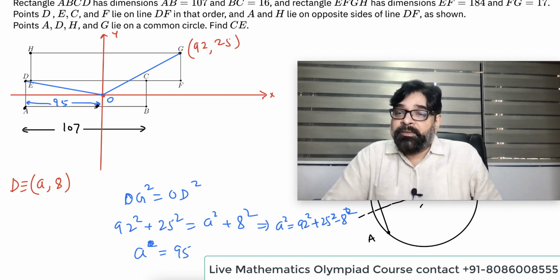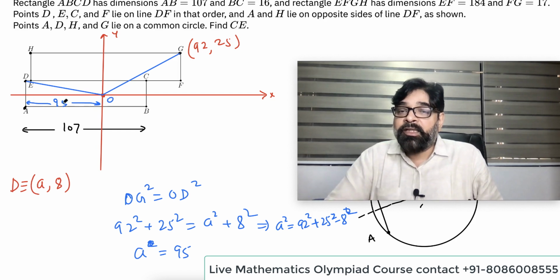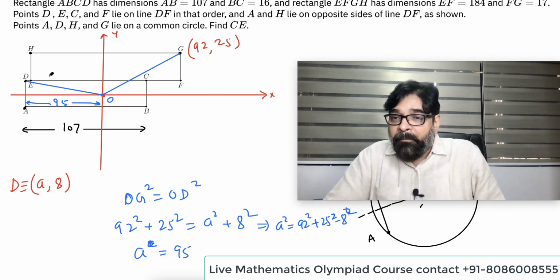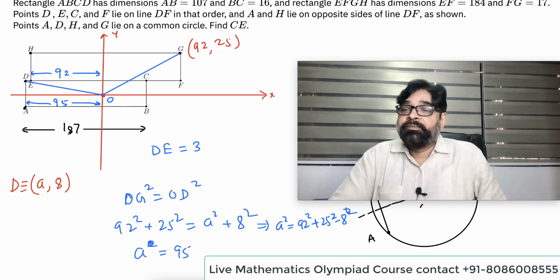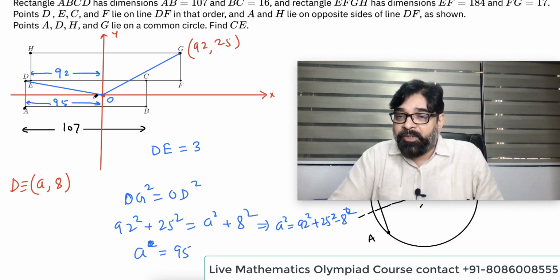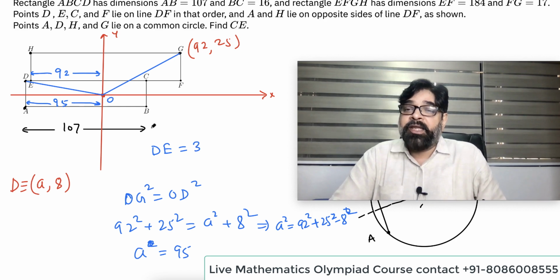But this total length is what? 95. But this length is what? 92. So DE length will be 95 minus 92, 3. This is the total DO and this is this one. So DE length will be 3. And what are we looking for? EC length.